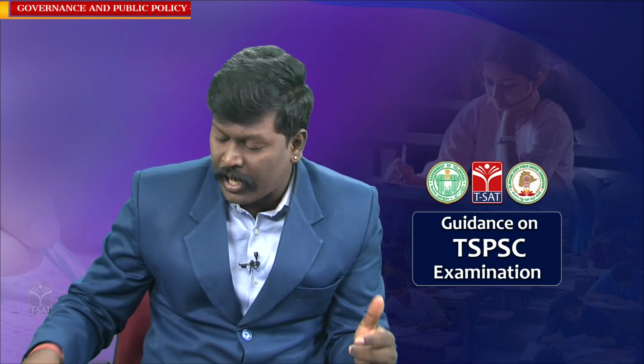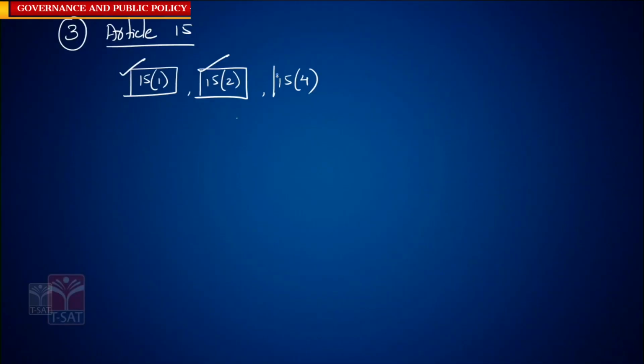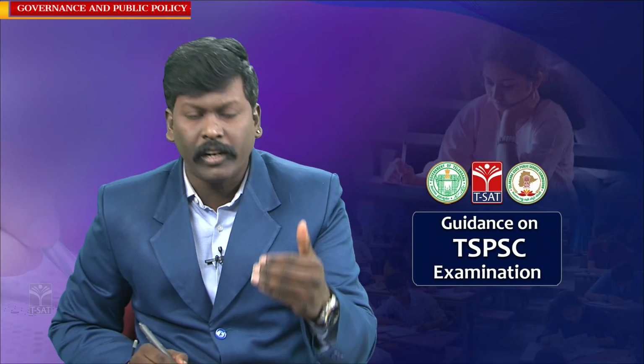The next important provision with respect to Article 15 is Article 15 clause 4. Now 15 clause 4 is not part of the original constitution. It was added by the First Constitutional Amendment Act of 1951. Now what is this 15 clause 4?